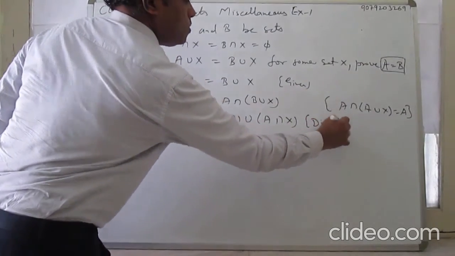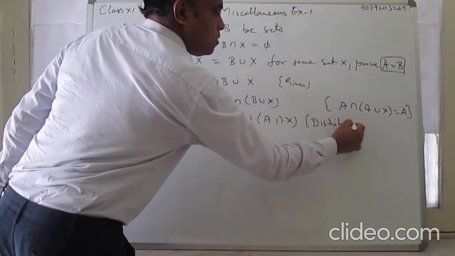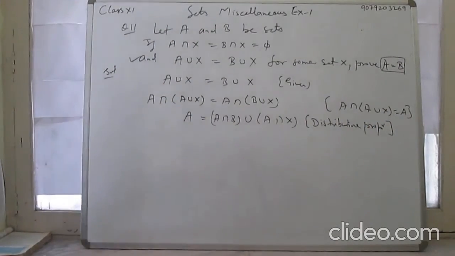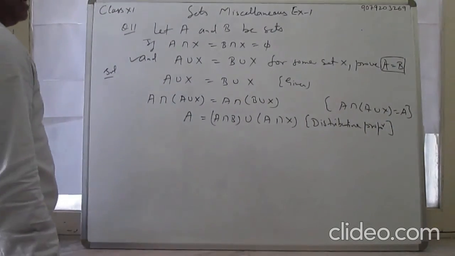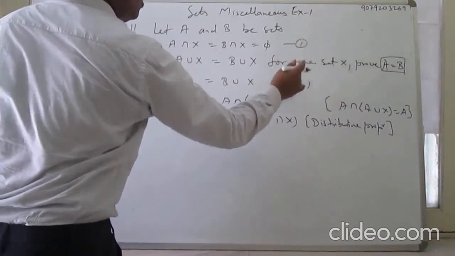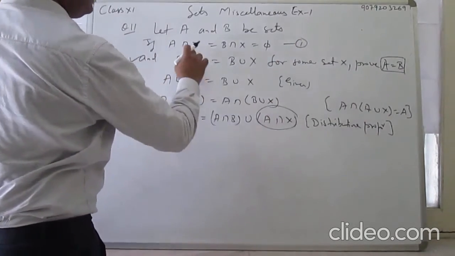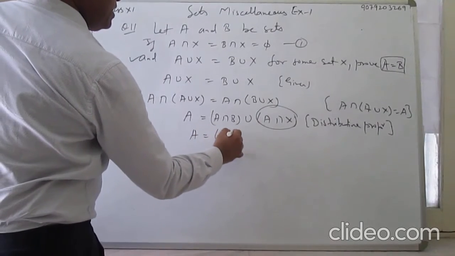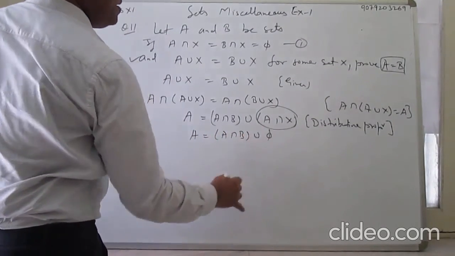Distributive property. Now you can see here what is the value of A intersection A? This is A. Use A. In place of this, what can you write? Null set. A intersection B union null set.